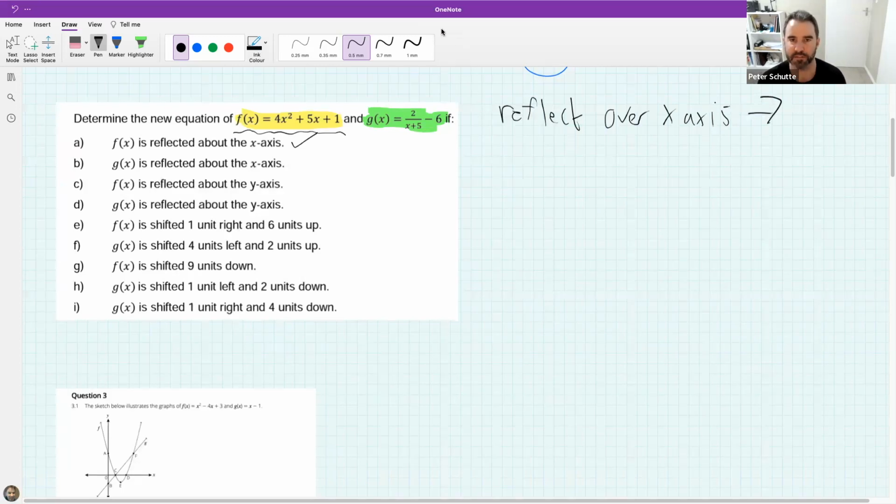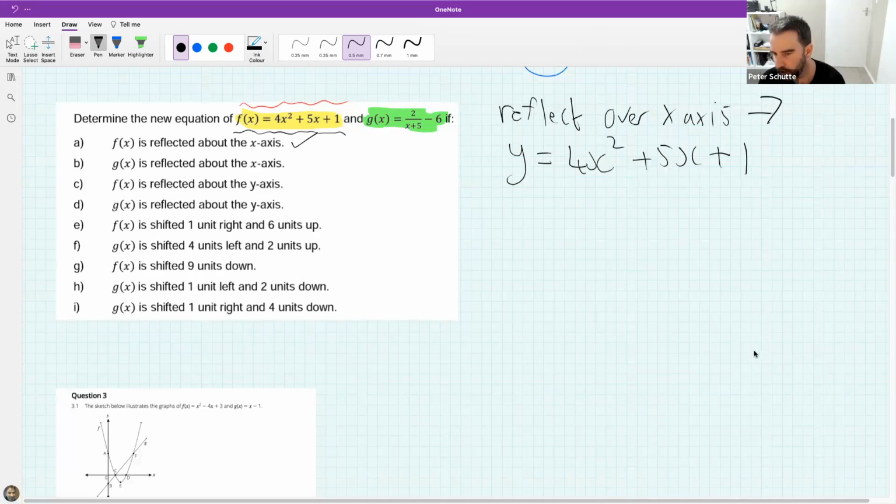Who can remember that from a previous lesson, or would you prefer me to tell you? So you're starting with this graph F, and we have to get a new equation if it's reflected over the x-axis. Who has any ideas?